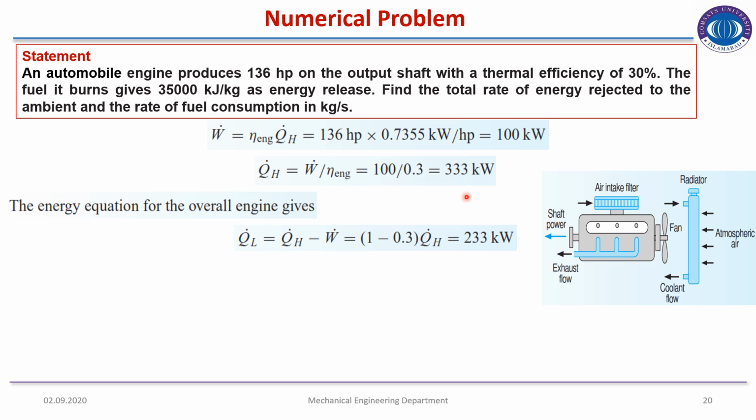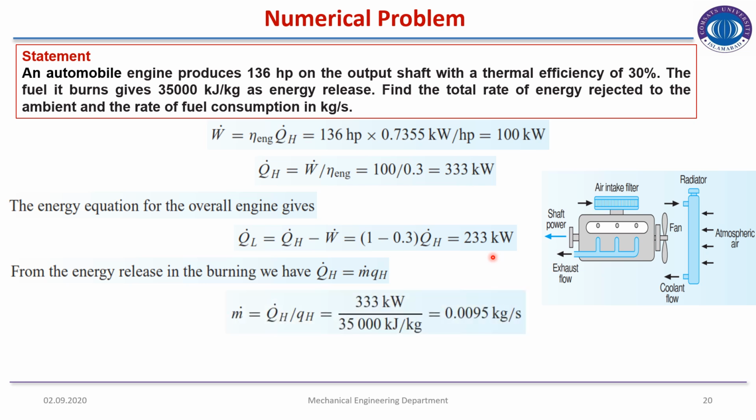W dot. So we have all the values on the right hand side. Therefore, the rate of heat transfer at the lower temperature thermal energy reservoir is 233 kilowatt. From the energy released in the burning, we have Q dot H is equal to M dot times small qh.